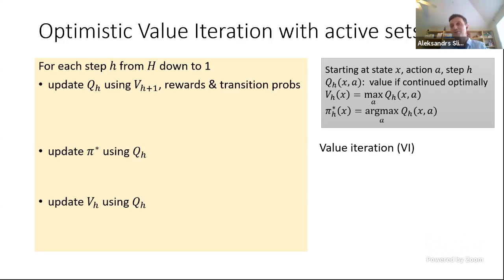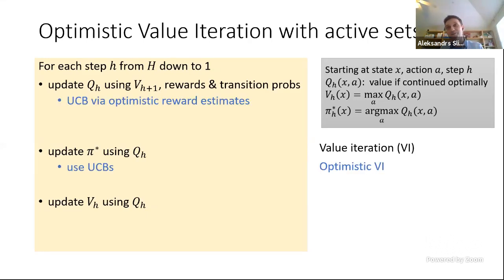Value iteration is a very standard, well-known way to compute the best policy in a known MDP using dynamic programming. You iterate from the last episode to the first episode, and you keep updating the Q function, V function, and the policy. That's very standard.